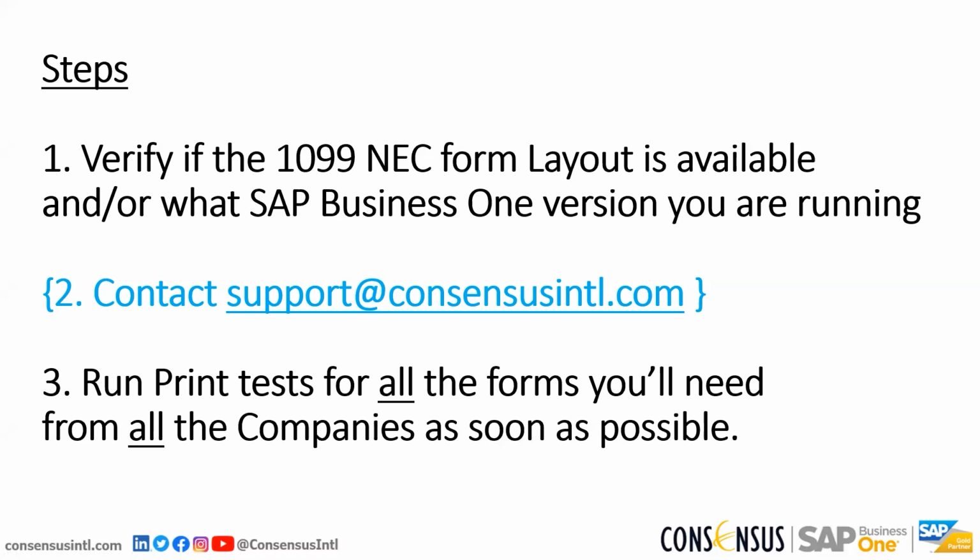If that layout is not available to you and you are going to need it, please contact support@consensusintl.com as soon as possible. Once we have uploaded the new layout, and in the case that you're running a later version and that layout was already there, please run print tests for all the forms you'll need. So all the 1099 forms you're going to be using, as well as the 1096 form.